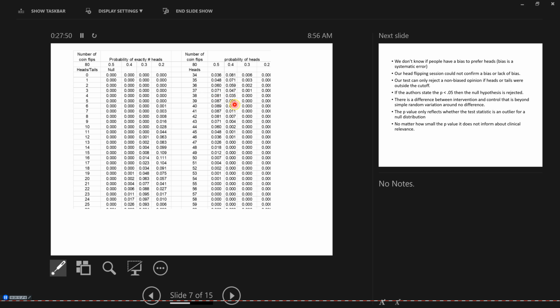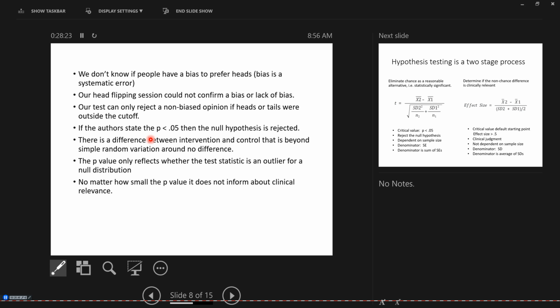And then if you go down to 40%, which would be 40% of 80, I don't show that one. How about 0.3? Oh, that's hard to figure out. 0.2. Anyway, you can see the probabilities there. This isn't a table to memorize or anything, just kind of showing you how it works.